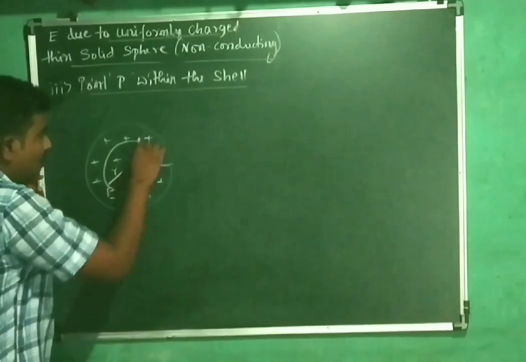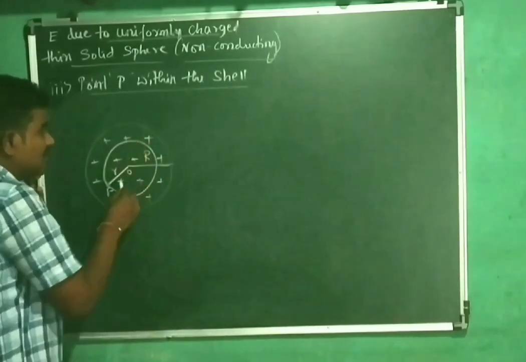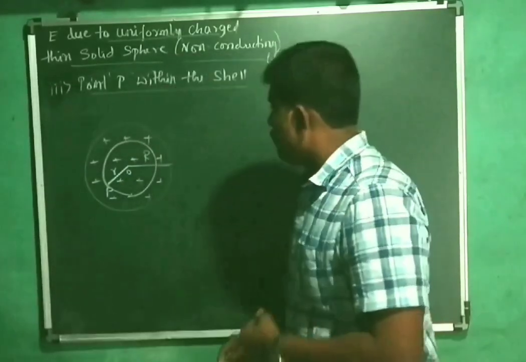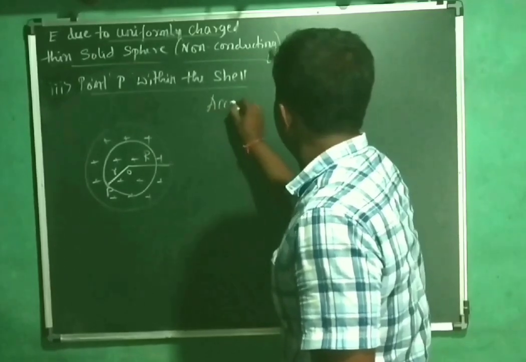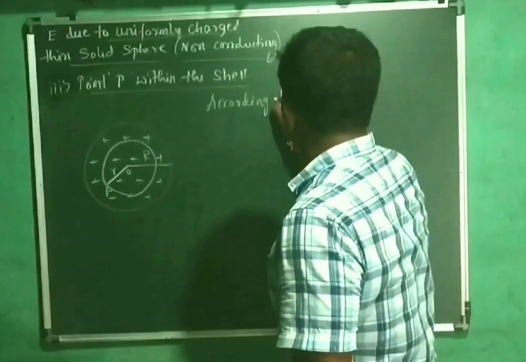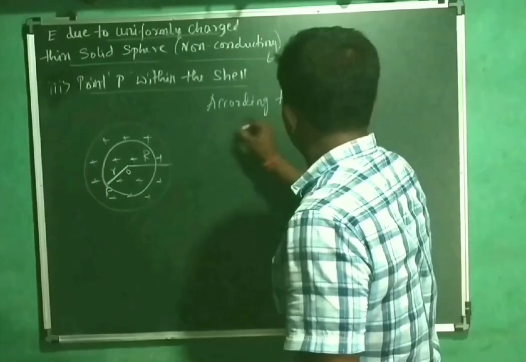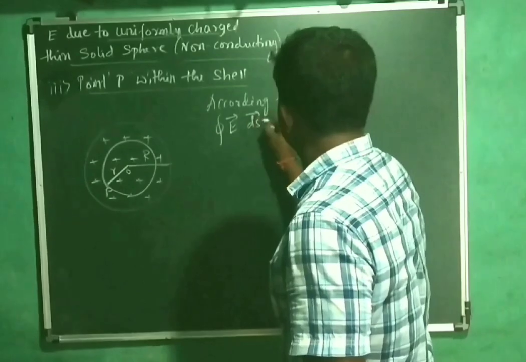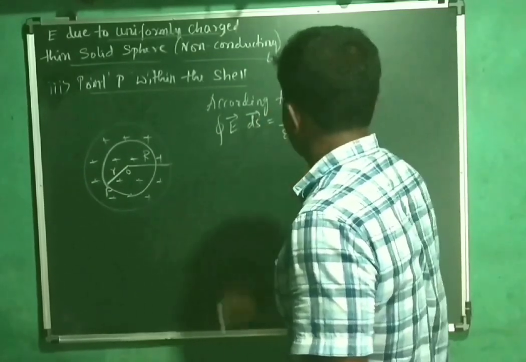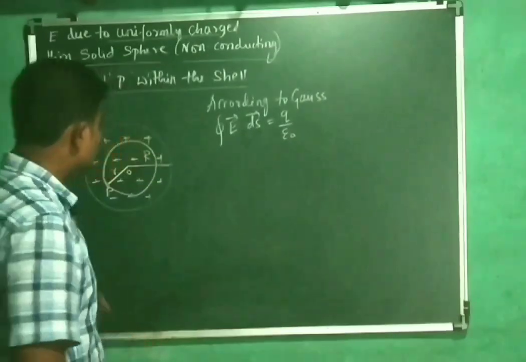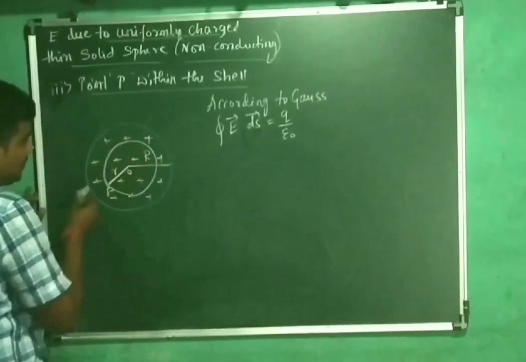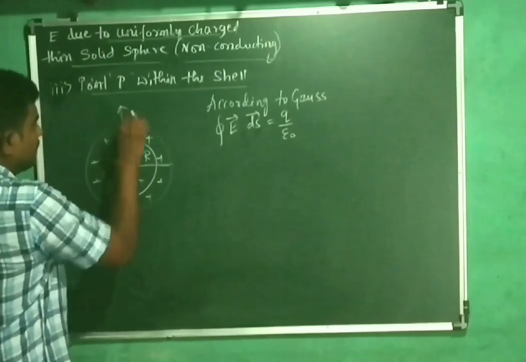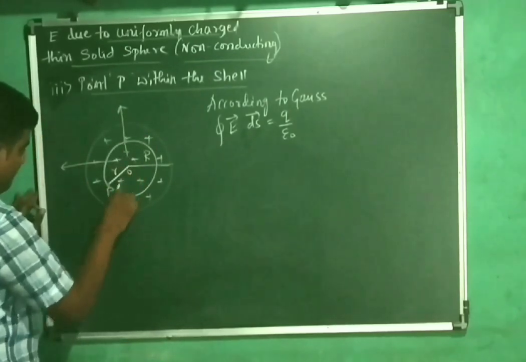And the center of the non-conducting shell and the center of the Gaussian surface are the same, it is O. According to Gauss law, closed integral E ds is equal to q divided by epsilon naught. And see here, these positive charges which are within the Gaussian surface have a direction this way, they are radially outward.